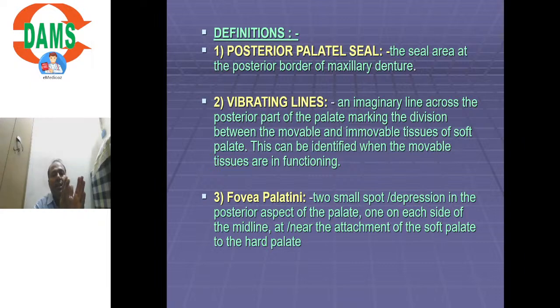So basically the definition of vibrating line is the imaginary line across the posterior part of the palate, marking the division, mind you, marking the division between the movable and the immovable portions of the soft palate.